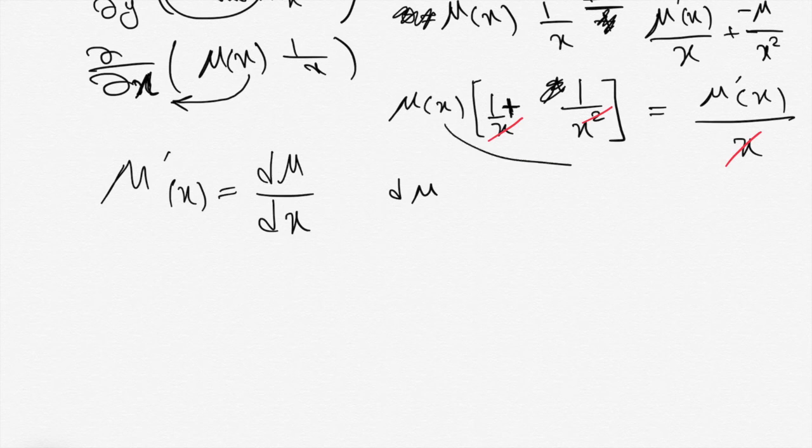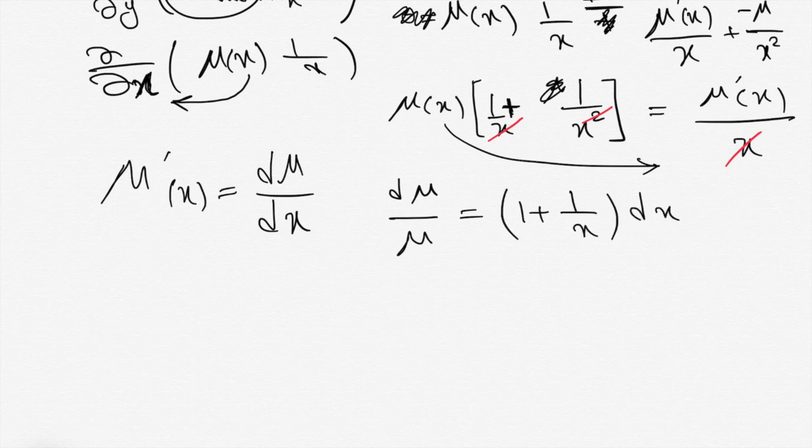So we take the mu from this side to this side, and we say d mu over mu will be equal to 1 plus 1 over x dx, right? Because we also took the dx to this side as well.